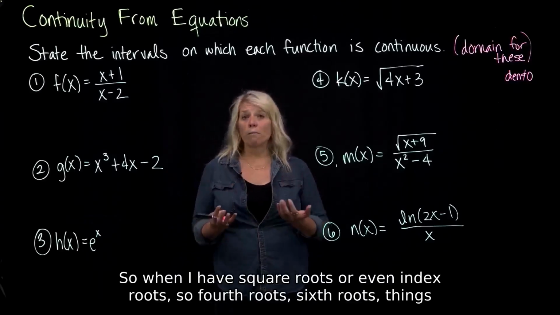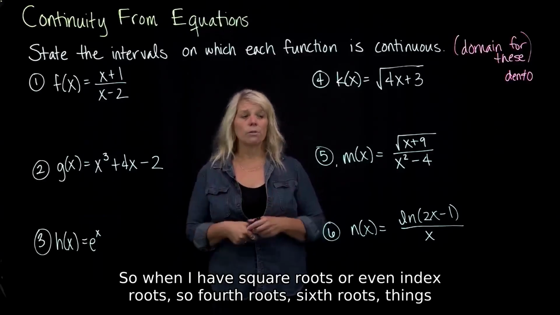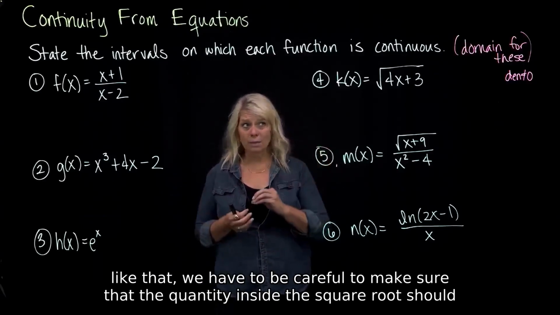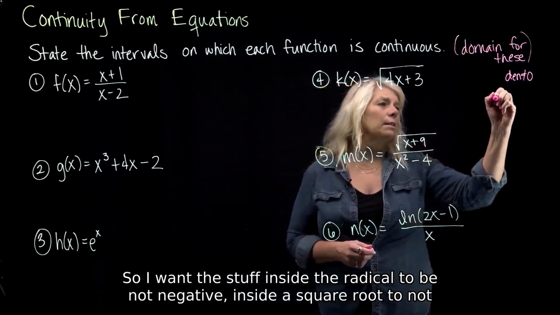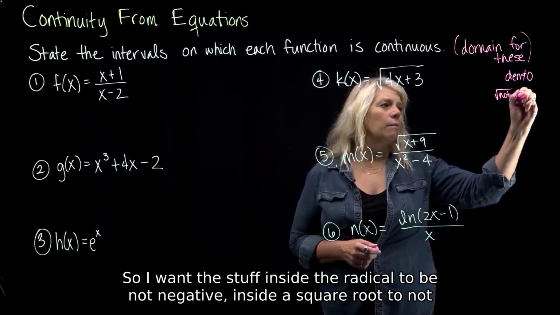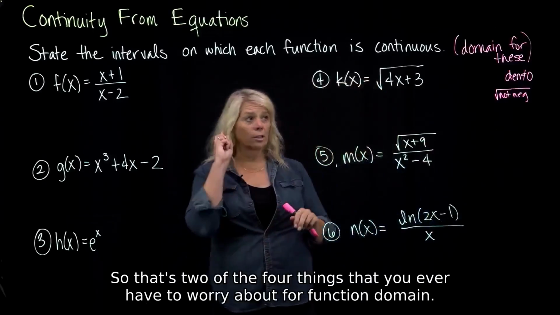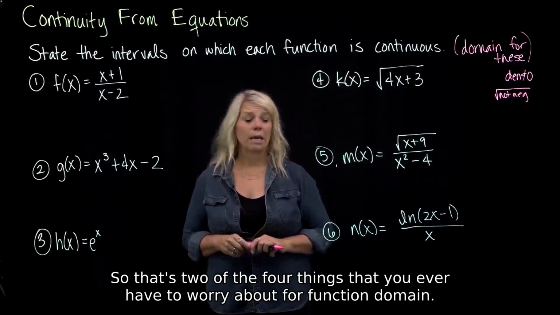So when I have square roots, or even index roots, so fourth roots, sixth roots, things like that, we have to be careful to make sure that the quantity inside the square root is not negative. So I want the stuff inside the radical to be not negative. So that's two of the four things that you ever have to worry about for function domain.